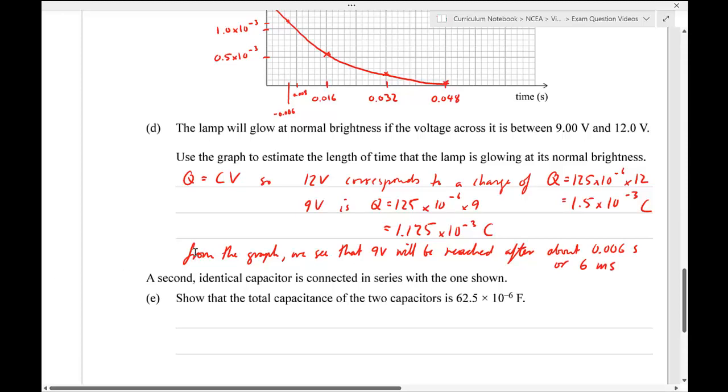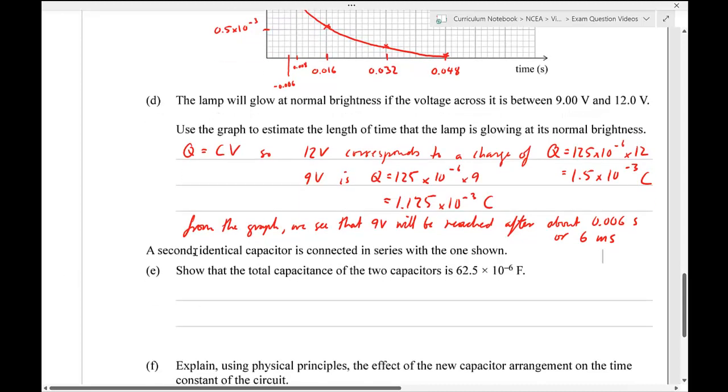And we have a second identical capacitor connected in series with the one shown. Show that the total capacitance of the two capacitors is 62.5 times 10 to the minus 6 farads.